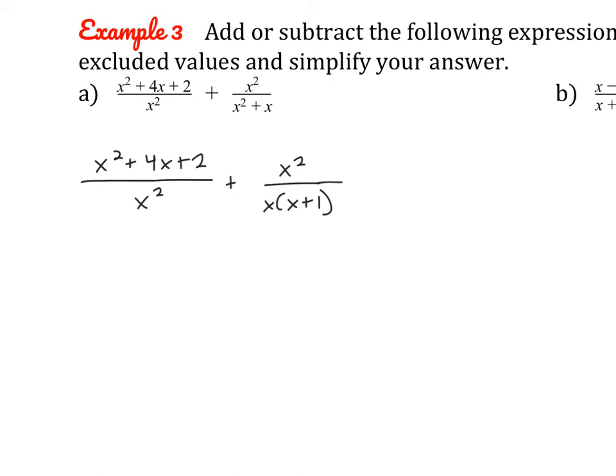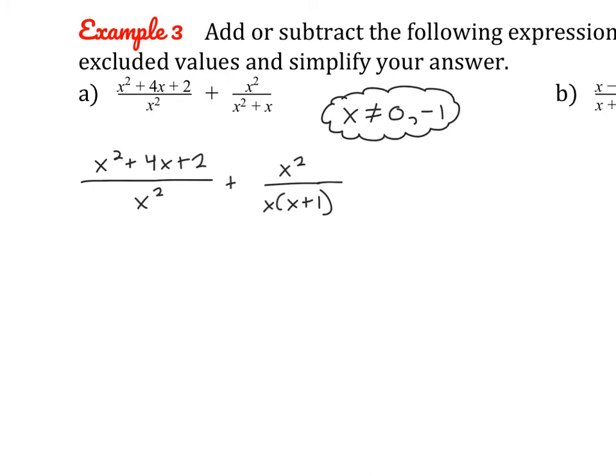Now, before we start canceling anything out, which I actually won't do in this problem because of what the LCD is, let's list out any excluded values. So this factor of x squared gives us the excluded value of 0, which also covers this factor of x. And this factor of x plus 1 gives us the excluded value of -1.